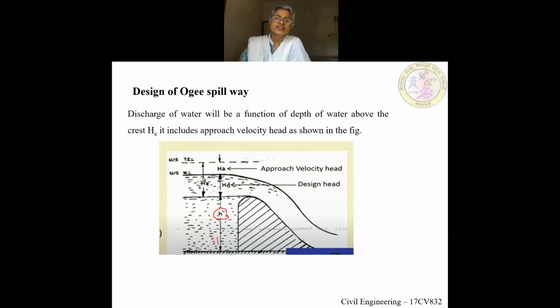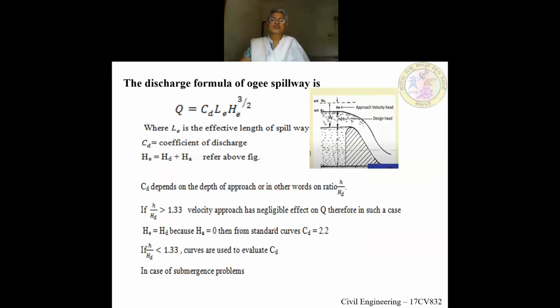HE is also called the total depth of water above the crest, which is HD plus Ha. The discharge Q is directly proportional to HE. From the diagram you can see that HE is the sum of the design head and the approach velocity head.